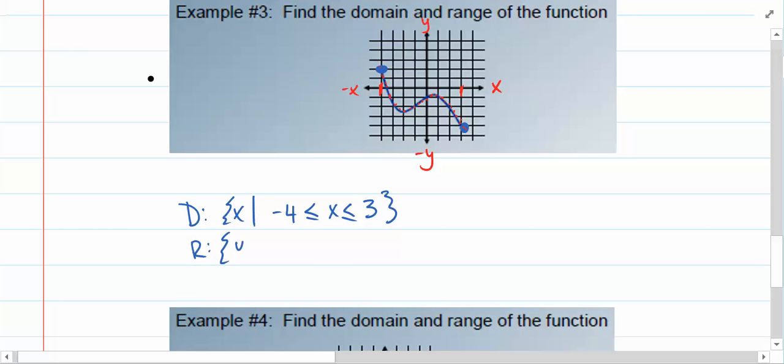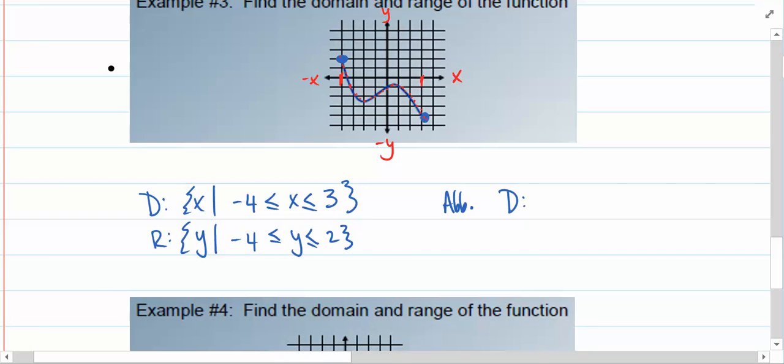So when it comes to range, we would say that the range is all y values such that -4 is less than or equal to y, which is less than or equal to 2. The abbreviated solution would simply be this. The domain would be -4 less than or equal to x, which is less than or equal to 3. And the range is -4 less than or equal to y less than or equal to 2.